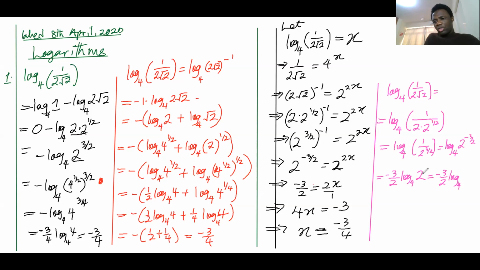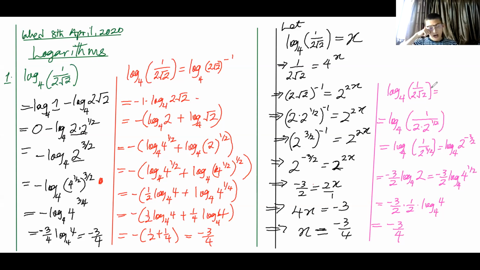This is 4. This 2 will be 4 to power half. Half also comes to the back. And I have log 4, which is 1. So I get minus 3 over 4. Can everyone see that? Okay. Yes.